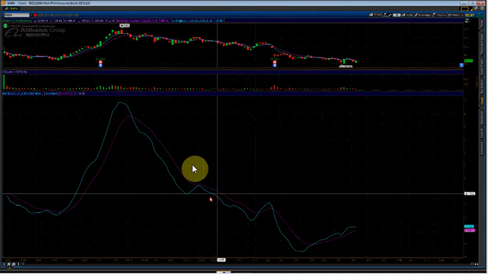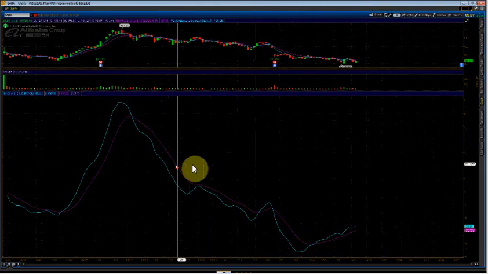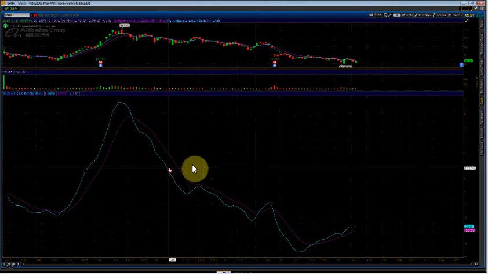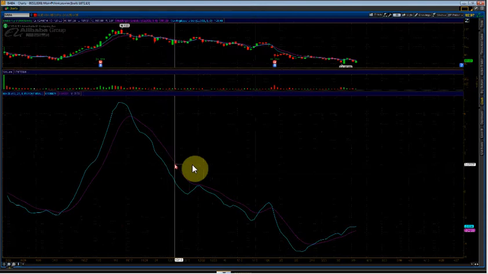And actually, I had those backwards. The purple one is the 14, the blue one's the 9. Do you know why it's a 14?